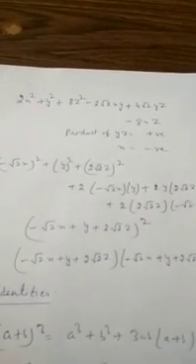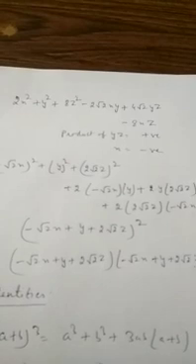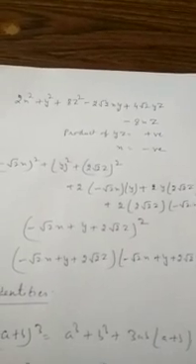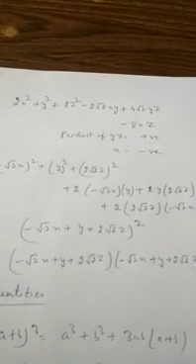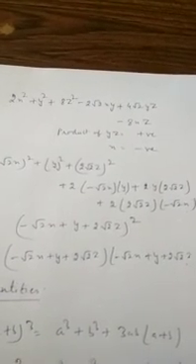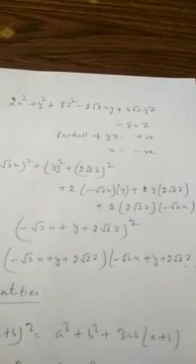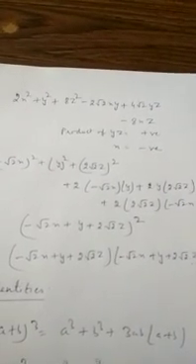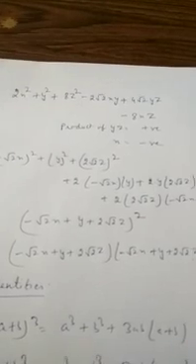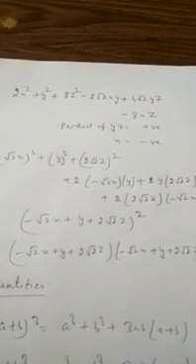It becomes (minus root 2 x plus y plus 2 root 2 z) whole square, and its factors are (minus root 2 x plus y plus 2 root 2 z) into (minus root 2 x plus y plus 2 root 2 z). Write the same twice. The factors of (a plus b) whole square are (a plus b) into (a plus b).